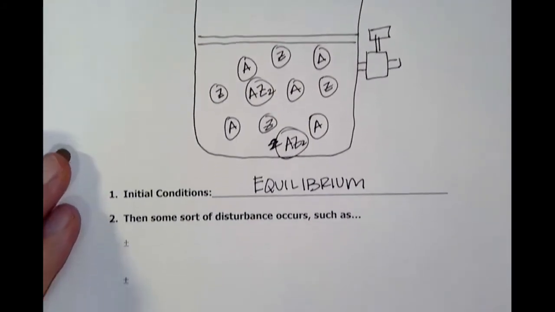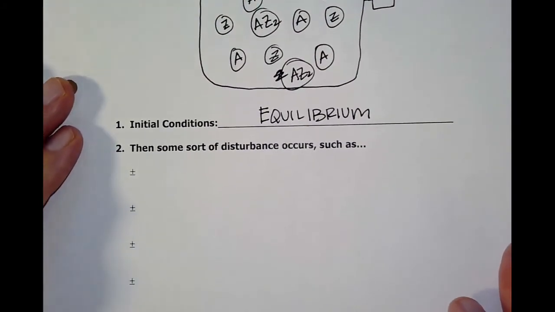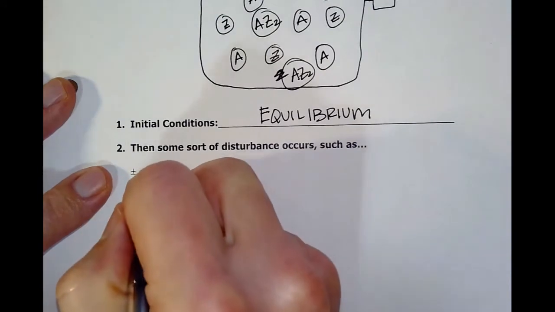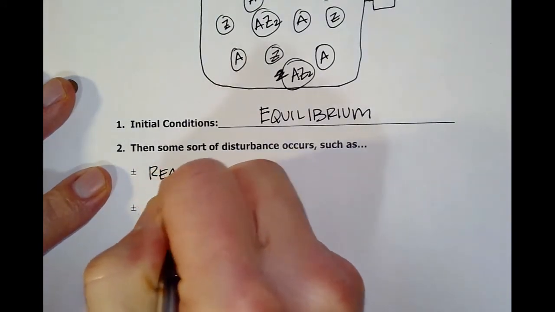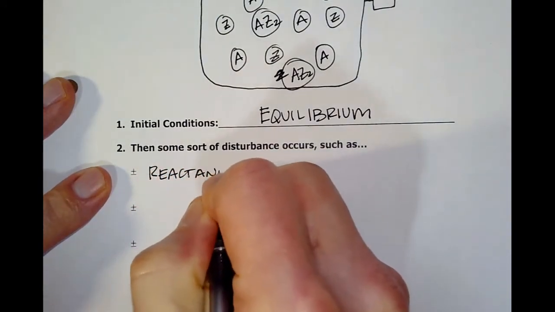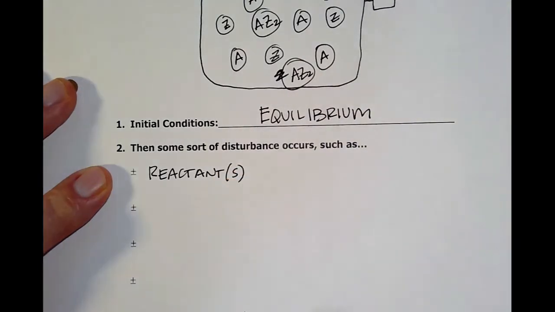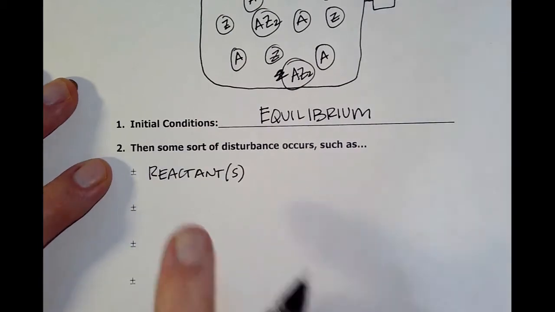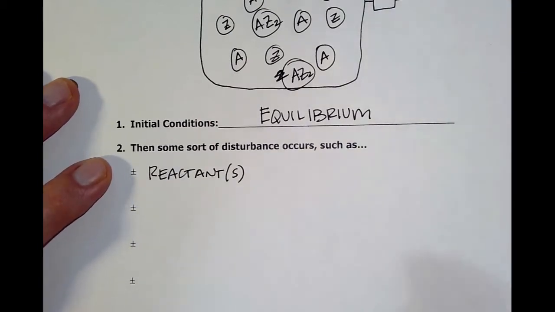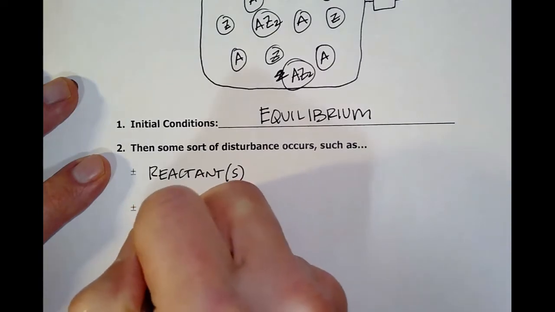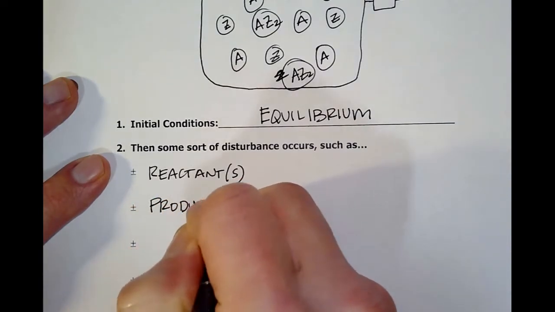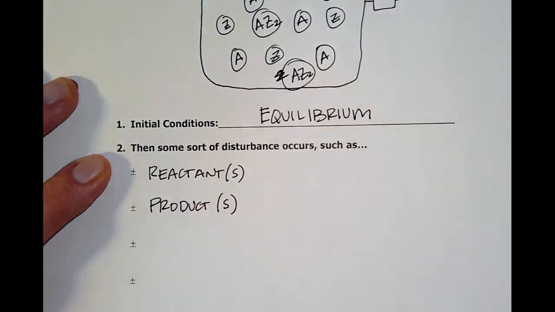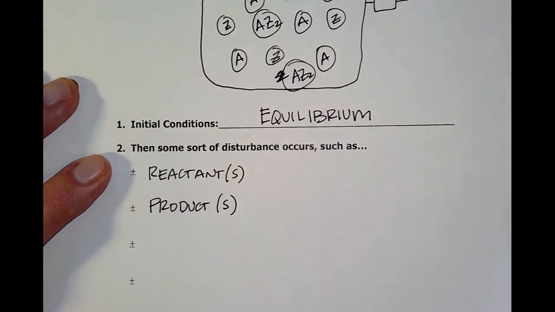So the idea is we can disturb this somehow. I could add or remove reactants. I could open that valve, inject more reactants. There's a way I could remove specific reactants, so I could change the amount of reactants in there. I could do the same with products. I could inject some product, or I could remove some product.